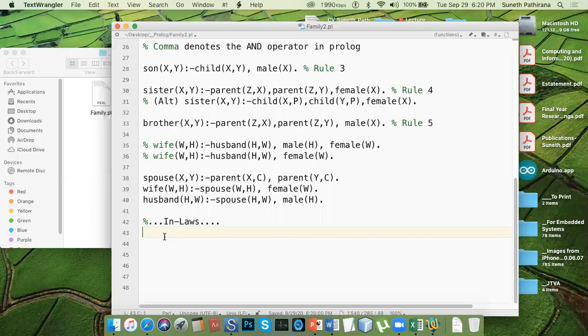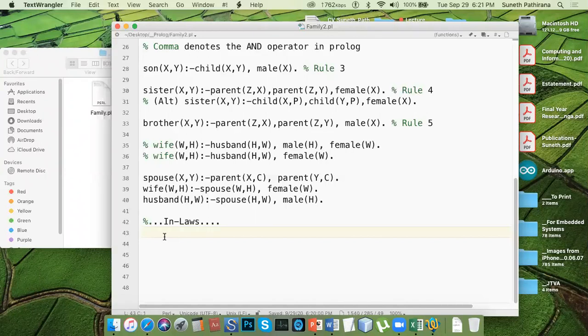Sister-in-law means either your wife's sister or husband's sister. Mother-in-law means your wife's mother or your husband's mother. Father-in-law means your wife's father or husband's father. So here we are going to introduce these in-laws.